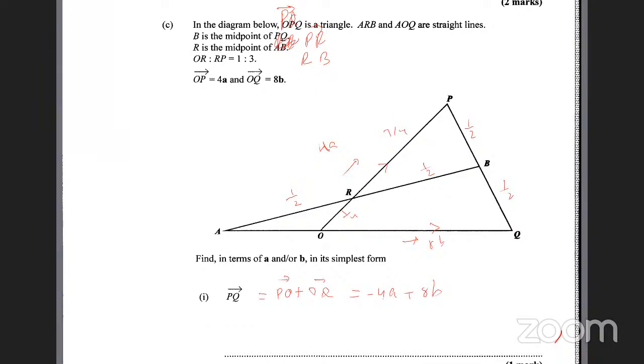Right, anyway, PR looking easy. So we have PO already. PO is minus 4A because they're going against the arrow, right? Now, they want PR.